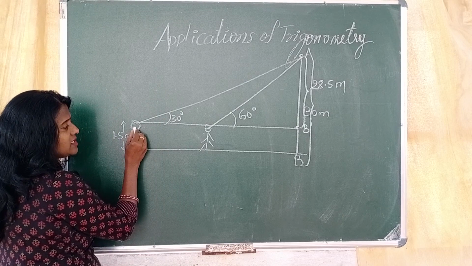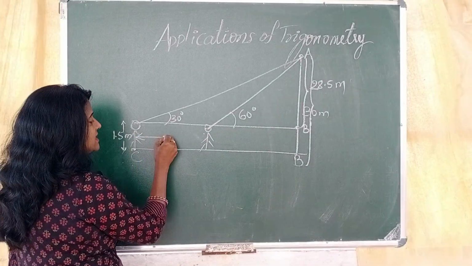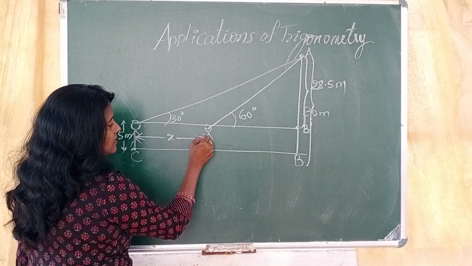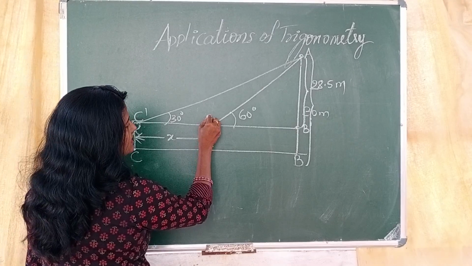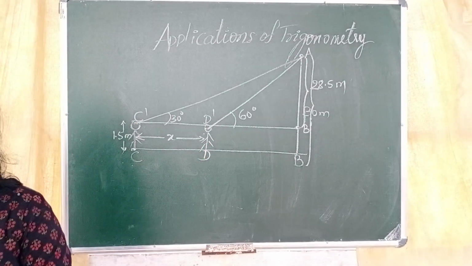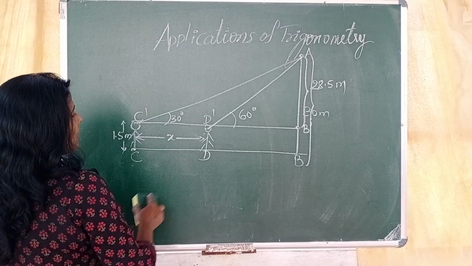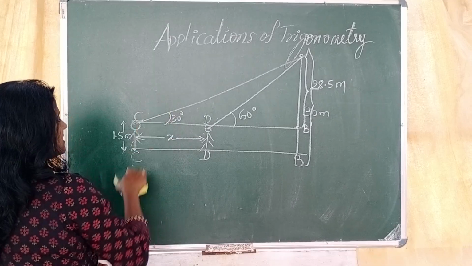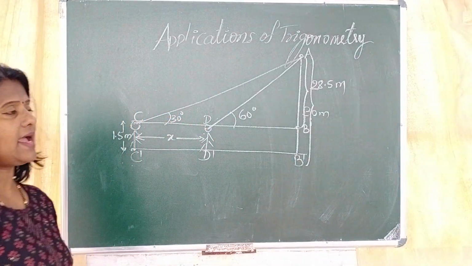That means from this position to this position, what is the distance? Let me name this position as C, and this as D, and B dash and D dash.